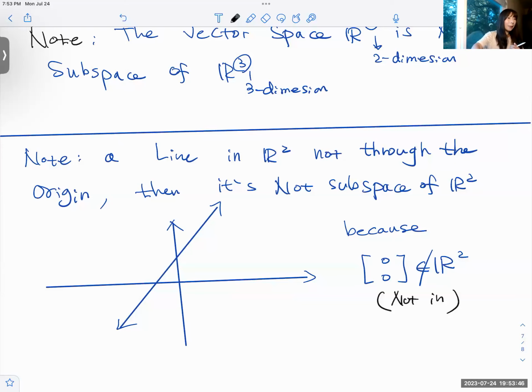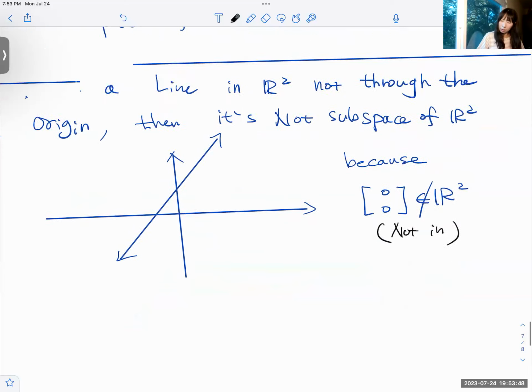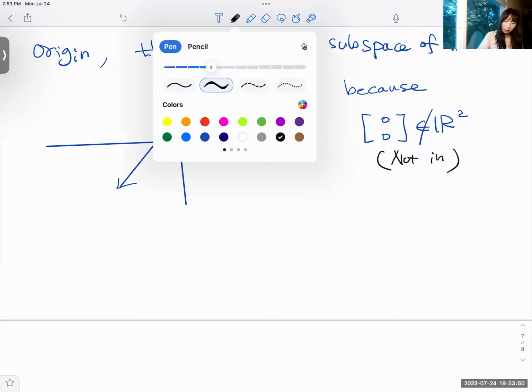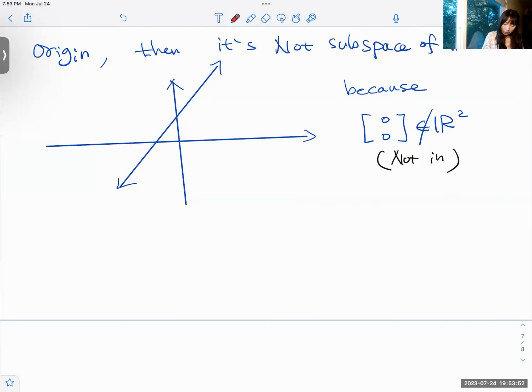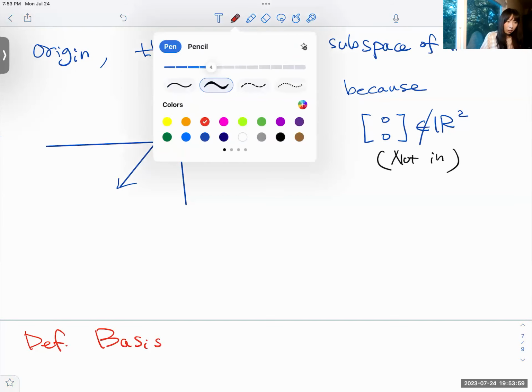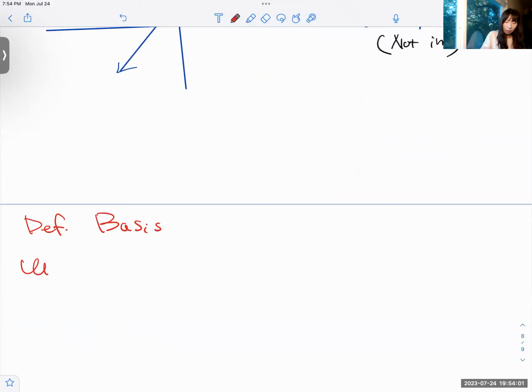Okay, let's talk about the basis. Basis definition. Let V be a vector space.